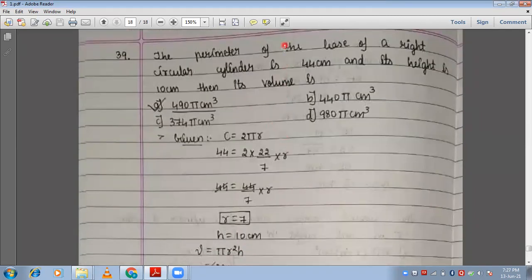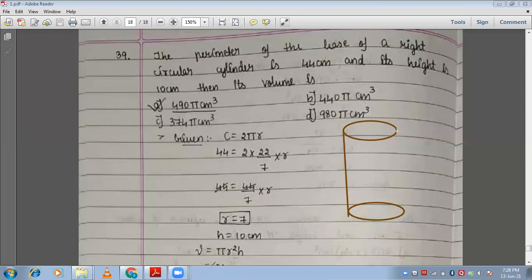Next, the perimeter of the base of a right circular cylinder is 44 centimeter. So this is the cylinder. They gave the perimeter of the base.